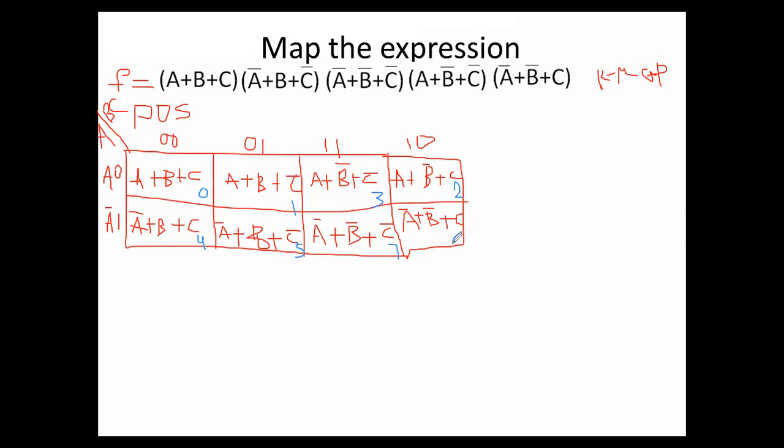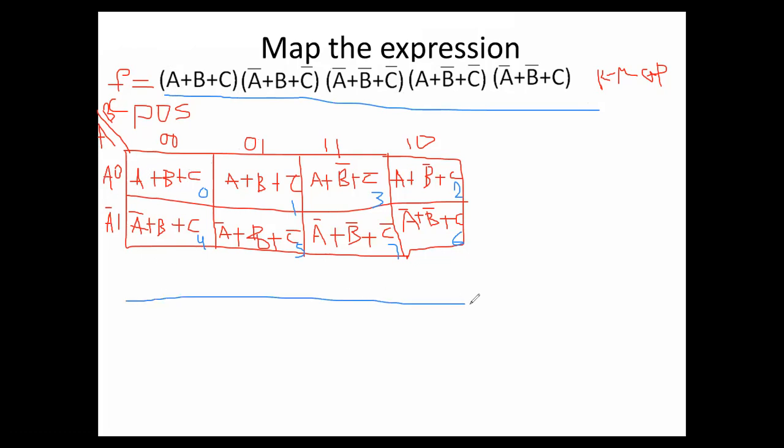As usual, we write the values for each cell. Now you will take this expression that is given. In this expression, we are putting zeros where the combinations occur in the corresponding cells.